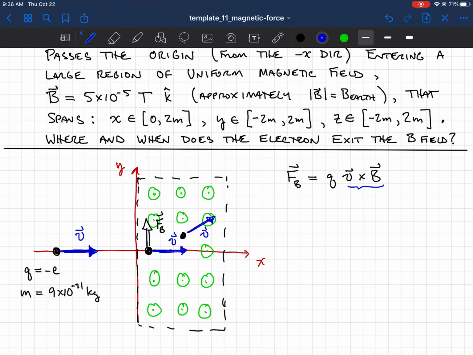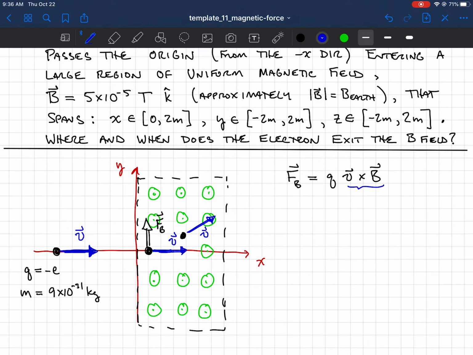Okay, so if it's there, then what will happen to it? Well, then it will experience a force, and it will be FB is equal to Q times V cross B. So put your fingers along the V vector, sort of in the 2 o'clock direction. Twist your wrist so that you can close your fingers out of the page with the B vector.